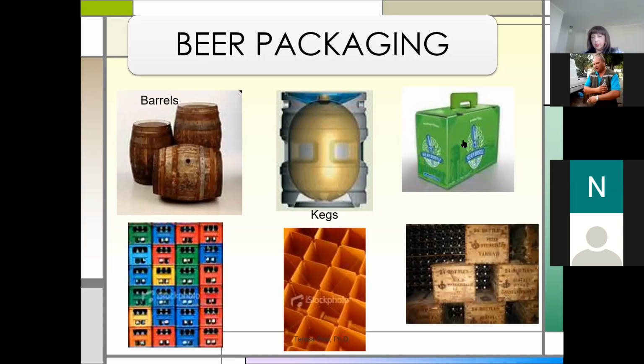Then there are boxes for beers when they come in bottles or in cans. And again, we repeat the plastic crates, dividers, and the lugs. When are we going to use lugs for beer? It's when the beer is too expensive. The way we have expensive wine, we also have expensive beer, depending on the quality and so on.